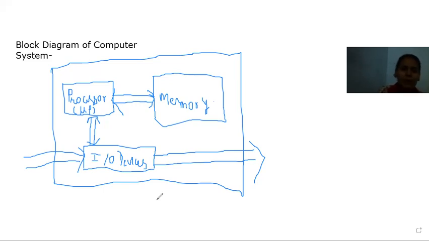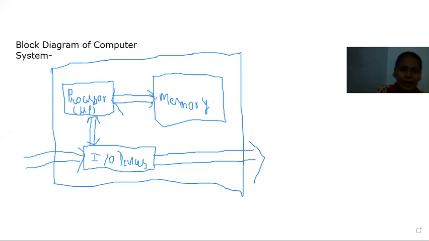The examples of input output devices are keyboard, mouse, monitor, printer. These are the input output devices which we will use to give the inputs and produce the output.